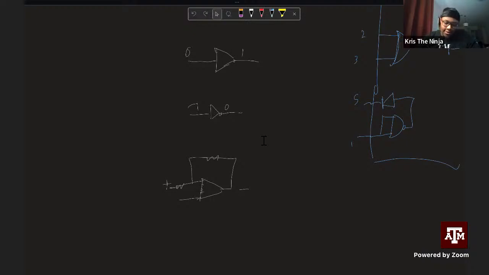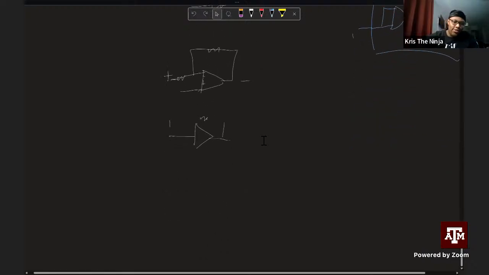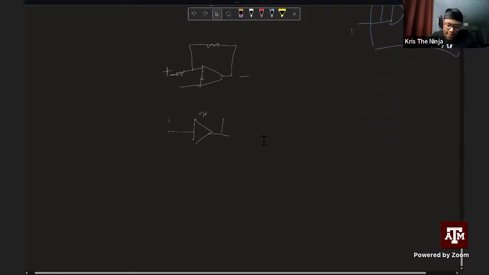There's also a buffer circuit, which is you put a one in, you wait a second, and you get a one out, which looks very, very strangely familiar to this.